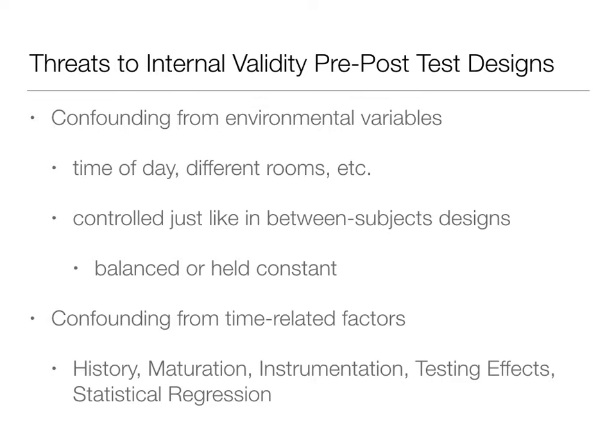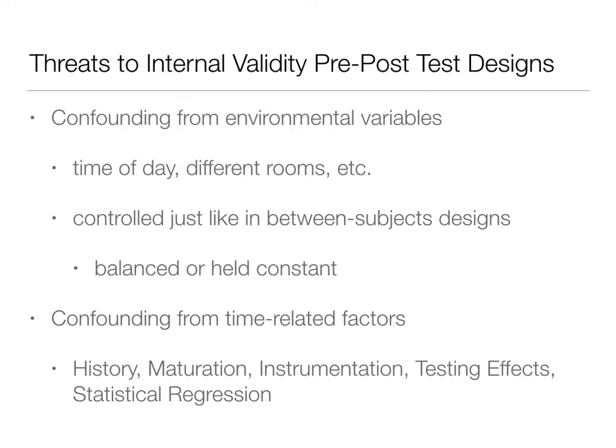These are going to be issues in these pre-post test within subjects designs, because we're measuring the group of people twice, pre-test and post-test. So we'll talk about what each of them are, and how to fix them.